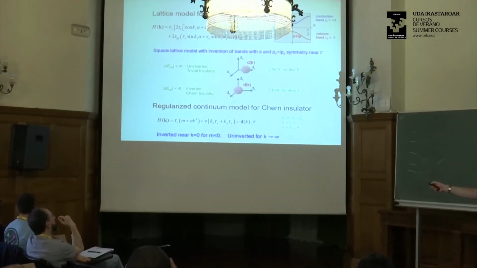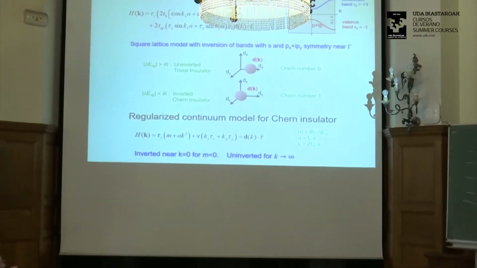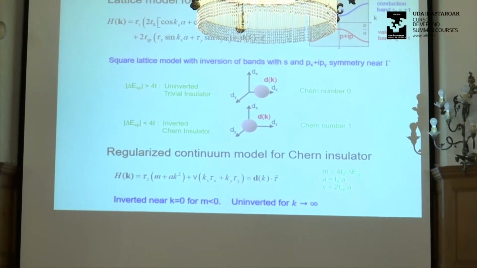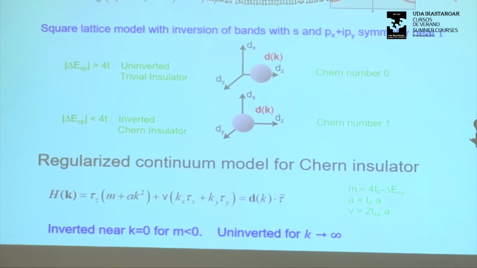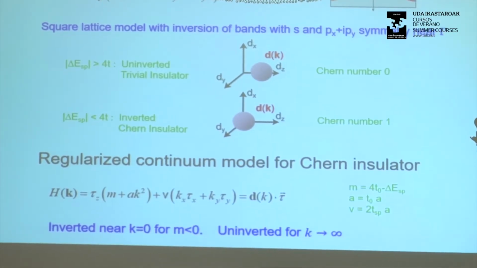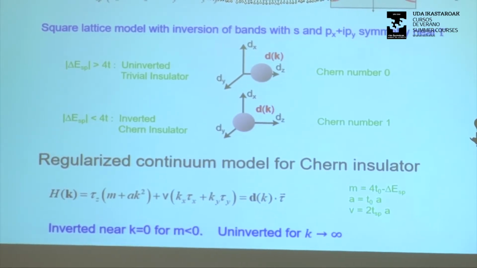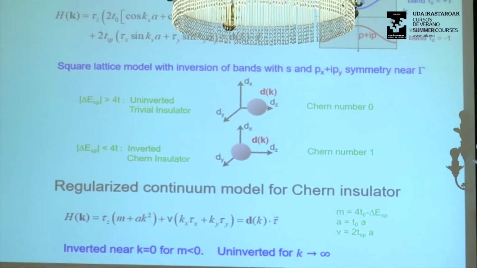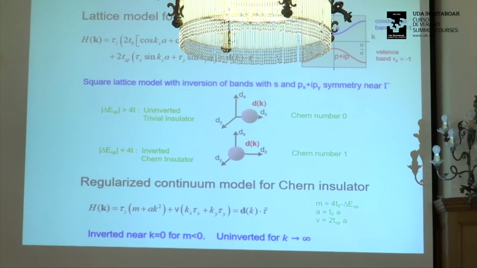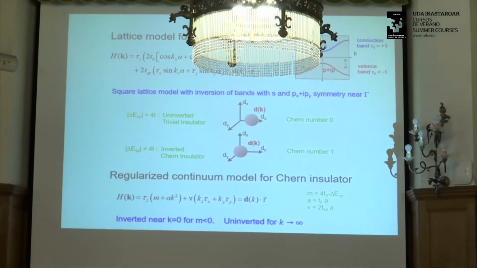Okay, and if I think in terms of the d vector, I can do the same analysis. So if I think of this Hamiltonian as a vector dotted into the Pauli matrices, then when this term dominates, if delta E_SP is very large, it's always going to be pointing pretty much in the z direction. And so it's not going to wrap around the sphere at all. It's always going to be pointing towards the North Pole.